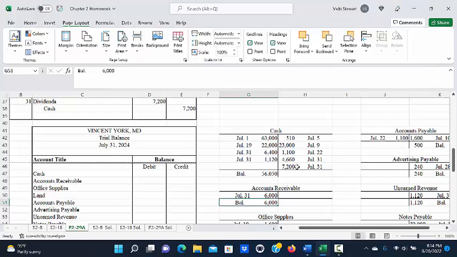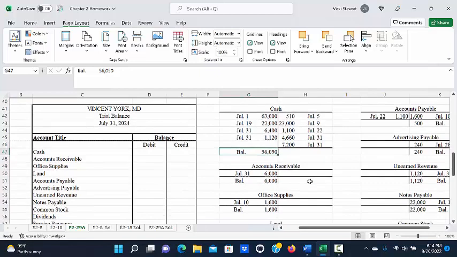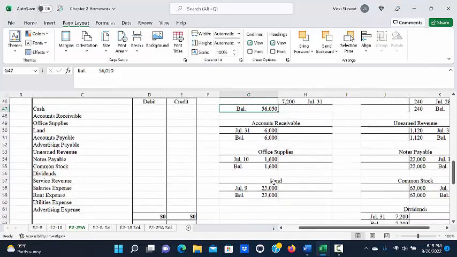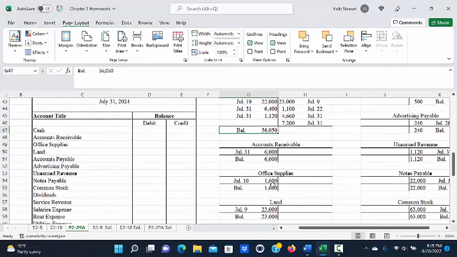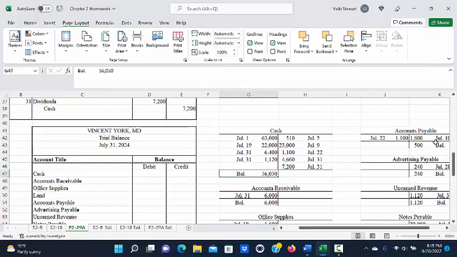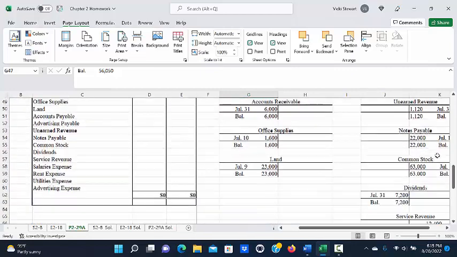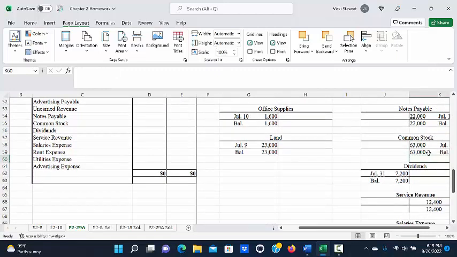One way that you can check yourself to see if you might have posted something on the wrong side is to look down your balances after you get them and see whether they're on the normal balance side. All of your assets should have debit balances. All of your liabilities and owner's equity accounts through common stock should have credit balances.